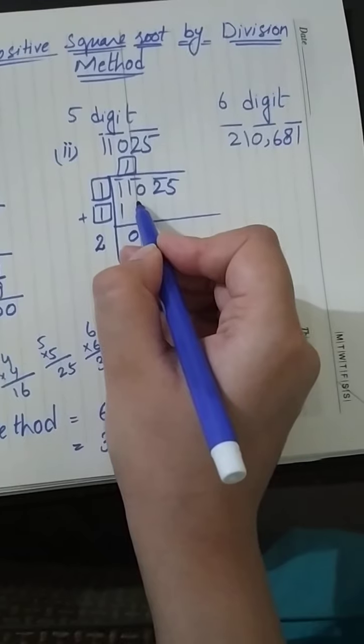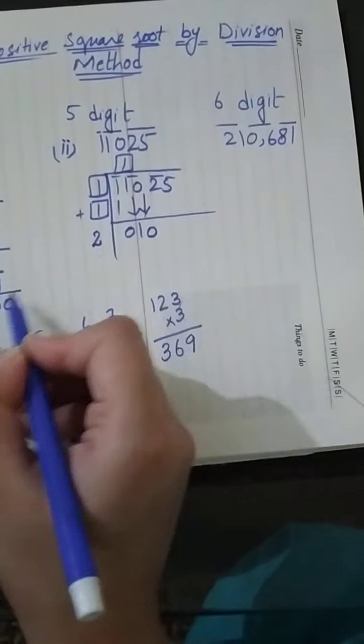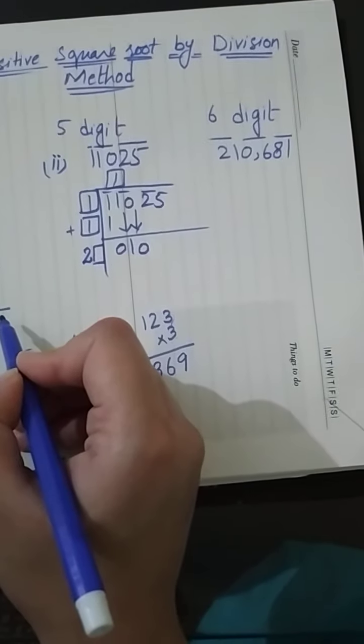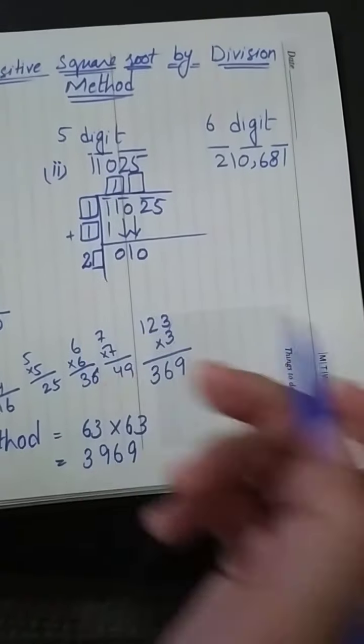Move the next pair down. Now you have to multiply 2 with some digit and put that digit here and here also.